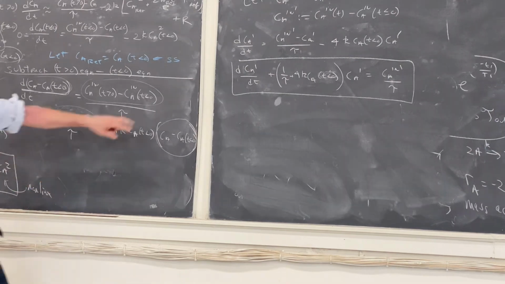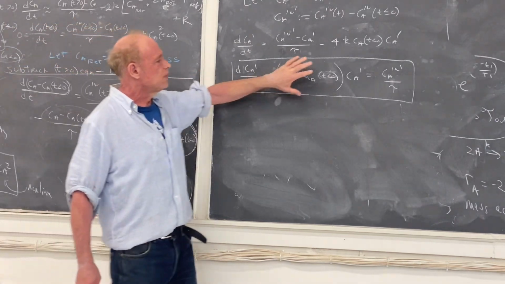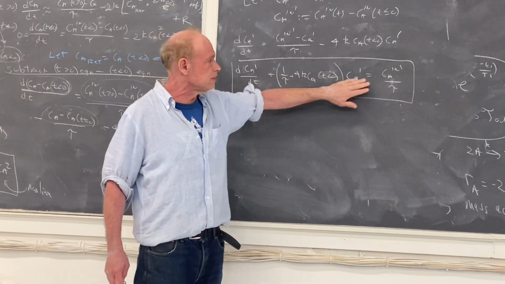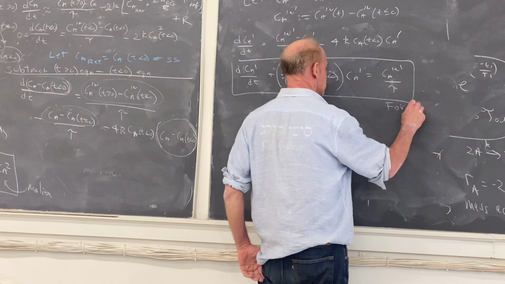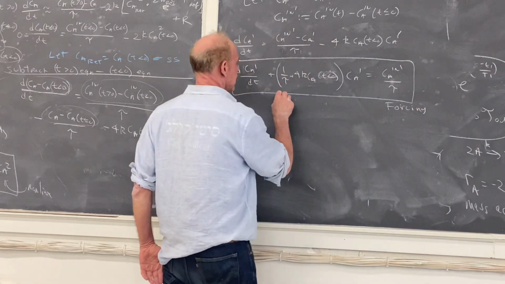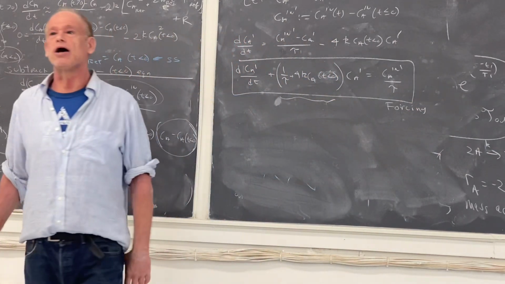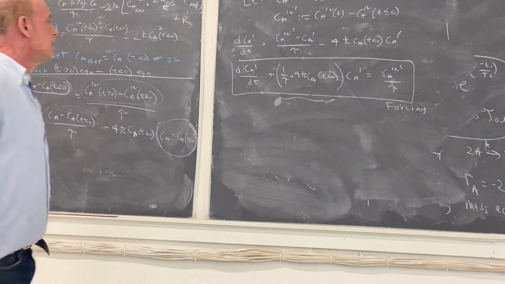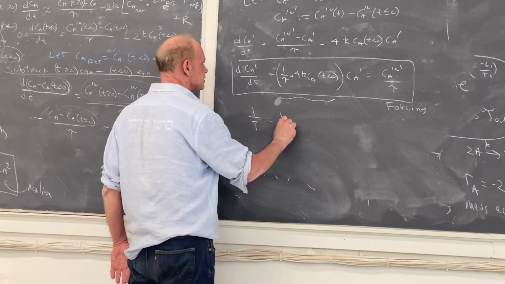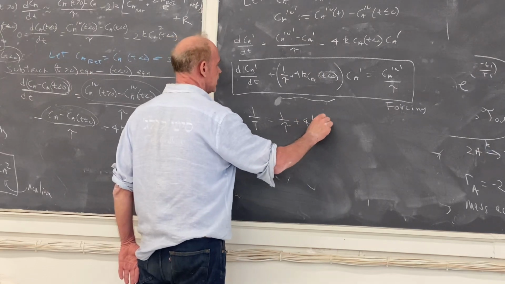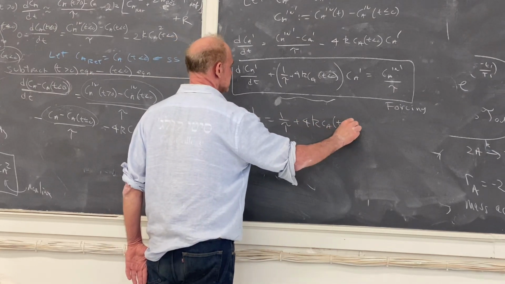We have a first derivative, a coefficient times the function, equal to a forcing function. And this coefficient is 1 over my time constant. So I have 1 over t is equal to 1 over tau plus 4k CA at t less than 0.